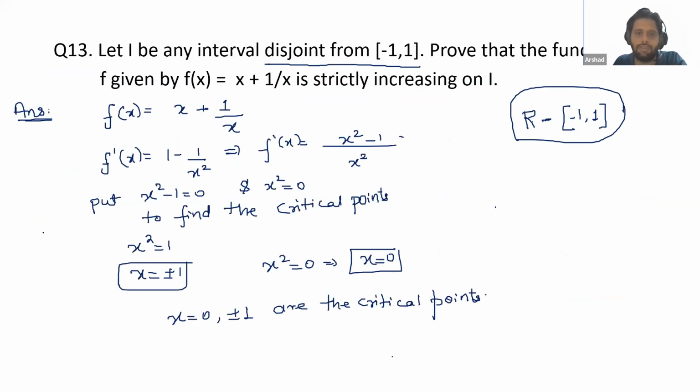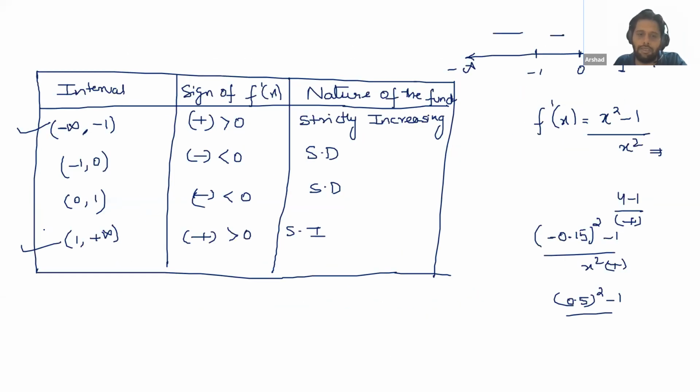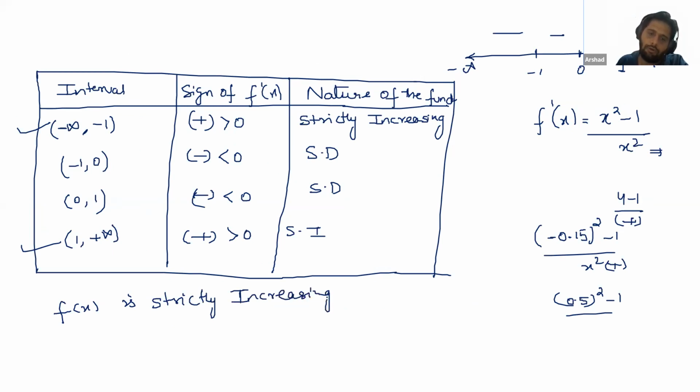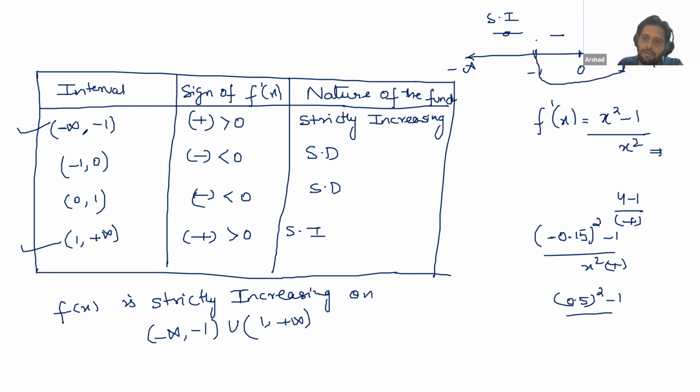If you check the question, they are saying that f x is strictly increasing on the interval I. So f x is strictly increasing on minus infinity to minus 1, union 1 to infinity. It is strictly decreasing from minus 1 to 1 in this complete part.